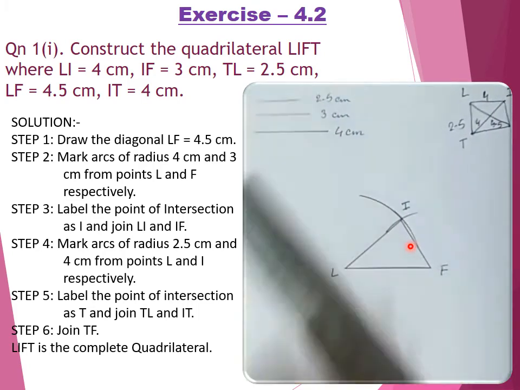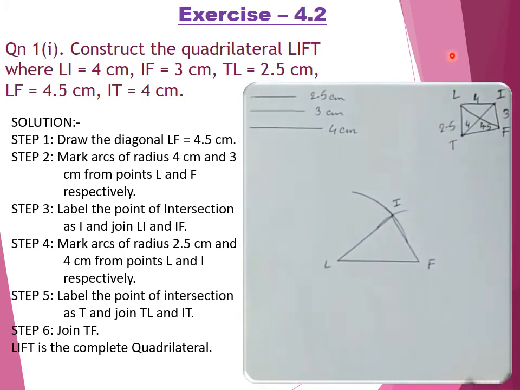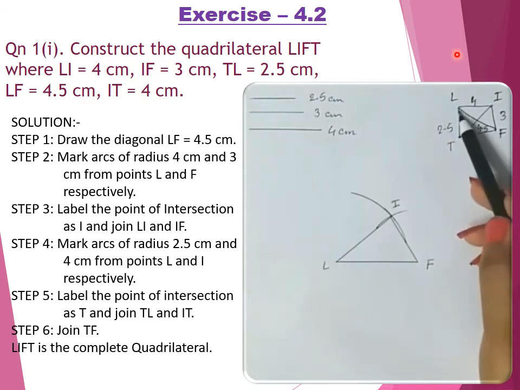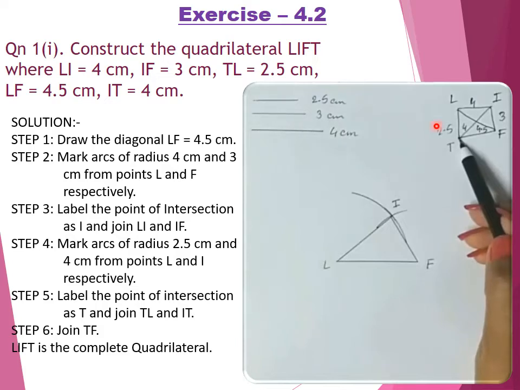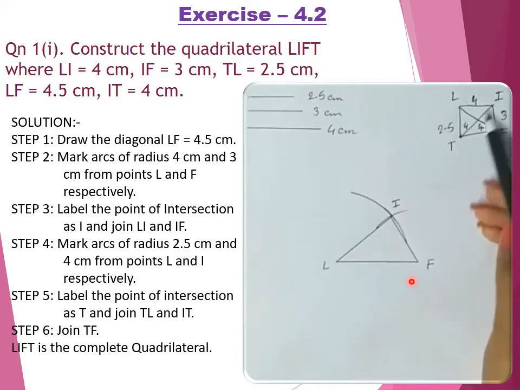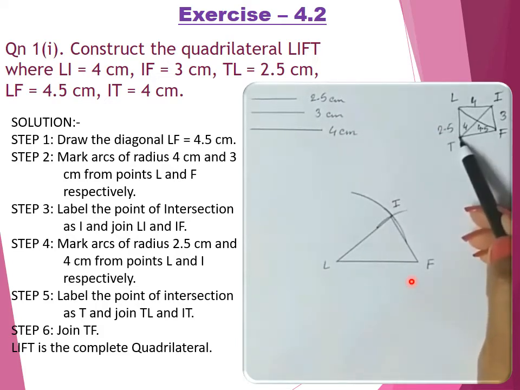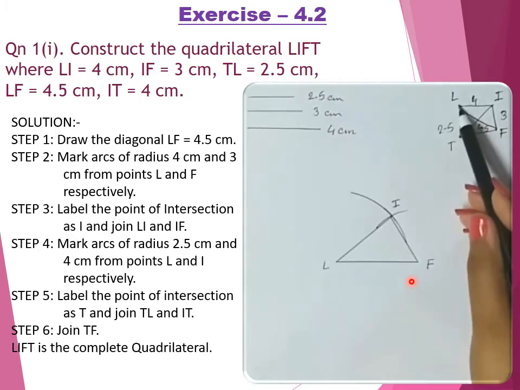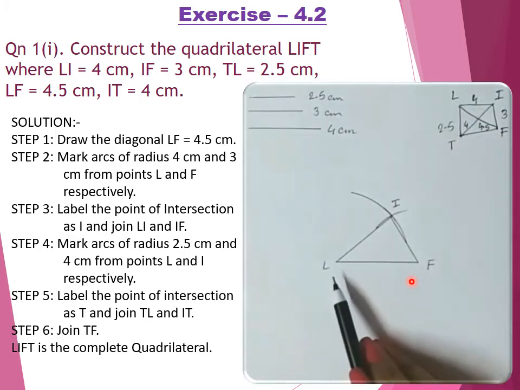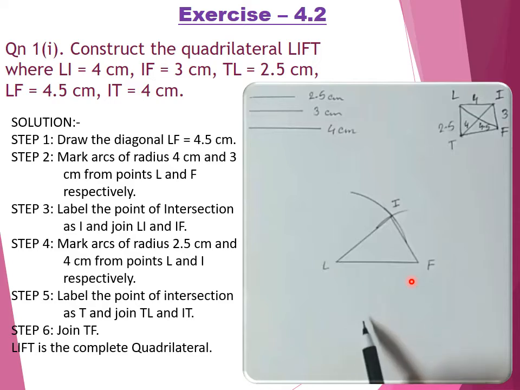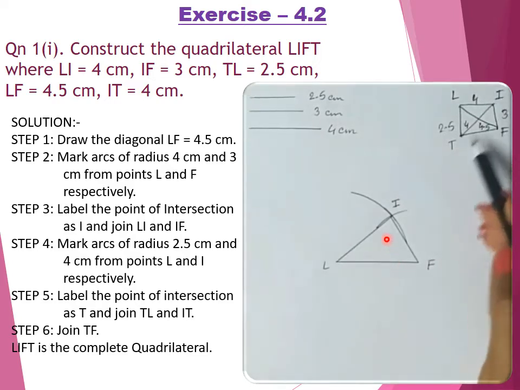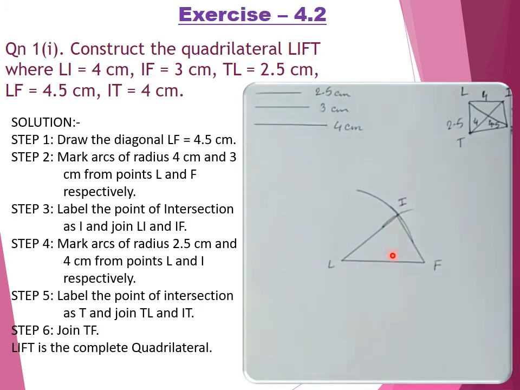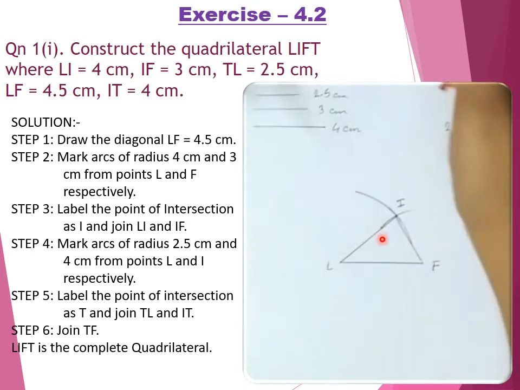Like so. Now we have to construct these two straight lines, because LT is given as 2.5 centimeter and IT is given as 4 centimeter. So from point L we will draw an arc radius of 2.5 centimeter, and from point I we will draw an arc radius of 4 centimeter and see where they intersect.